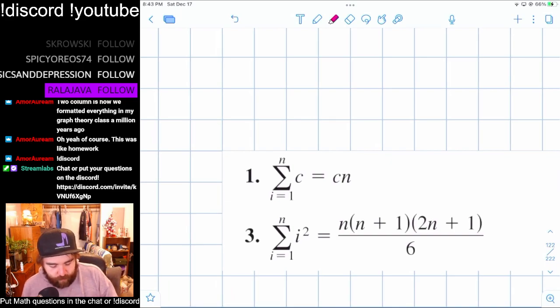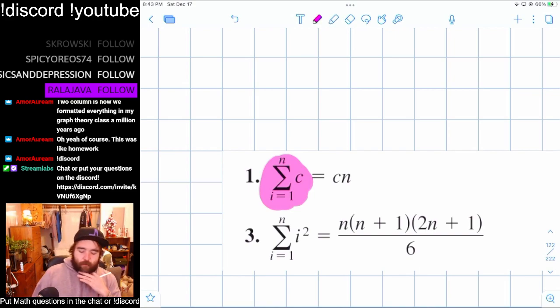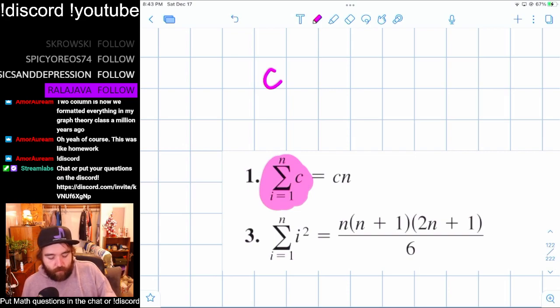So this first one here, if we just looked at this, what would this even mean? Well, what is the formula? The formula is just a number. Notice how there's no i involved even in there. So this just means that's what it is when i equals 1. This is what it is when i equals 2. This is what it is when i equals 3.